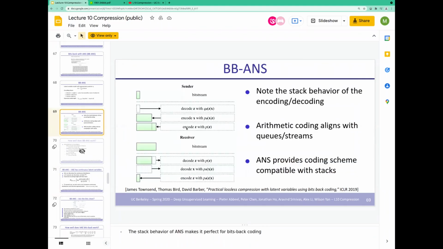Also, here you encode Z with P of Z, but if Z is not accurate, I guess it's still fine. The distribution is off, so you'll lose some bits at worst, but not the actual data, because the actual data is X. So if you discretize it here, I think it doesn't matter. That's what I think.